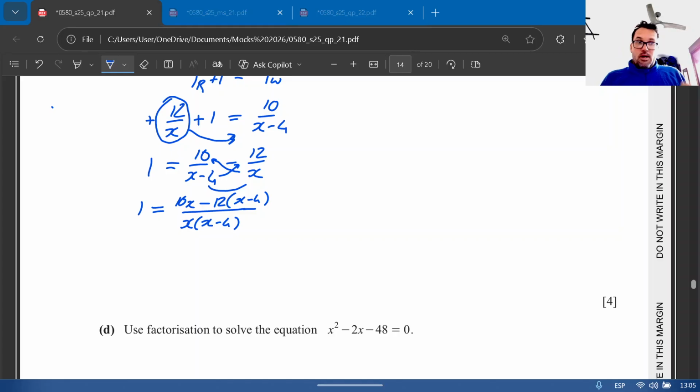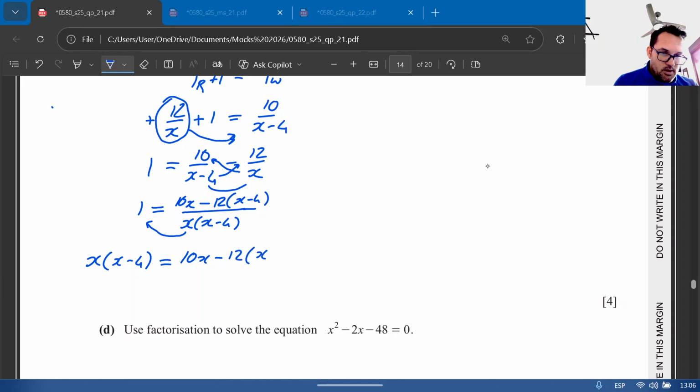Right, now I want to get rid of these fractions, and I can do that because now I can multiply this on the other side. And 1 times anything stays the same. So that will be X minus 4 equals 10X minus 12 times X minus 4. Now things look a little bit easier. So we do X times X is X squared, X times minus 4 is minus 4X.